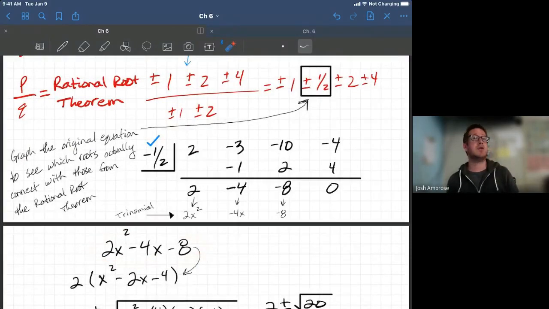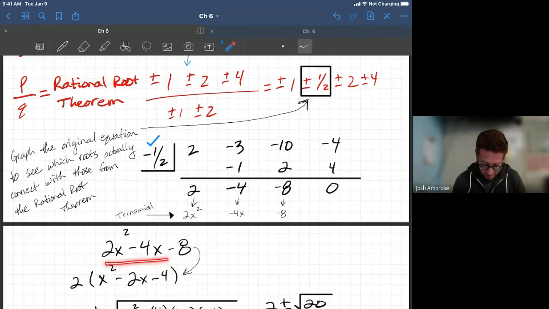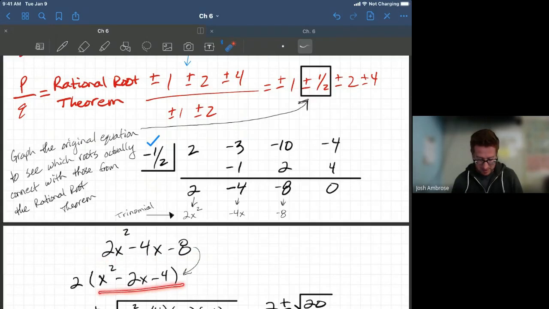Now we have a trinomial, and we are still breaking things down one step at a time. Now what did I do? I took this trinomial, and I started to simplify it. Because every term shares a 2, I factored out a 2 from 2 and 4 and 8, and this is the new trinomial that was left over.